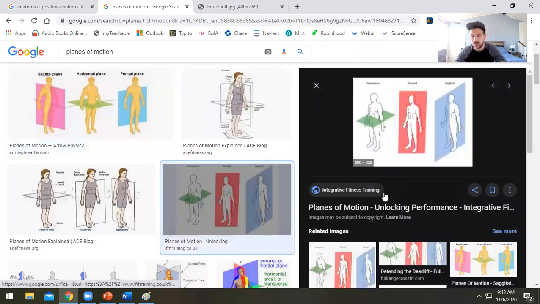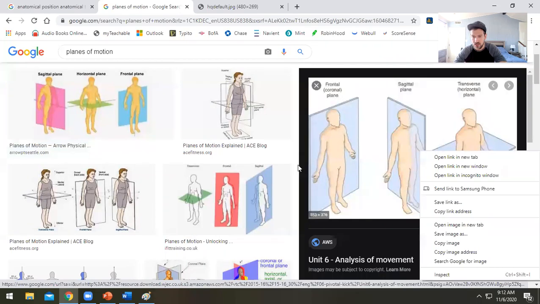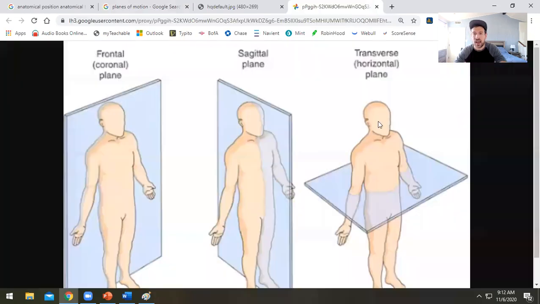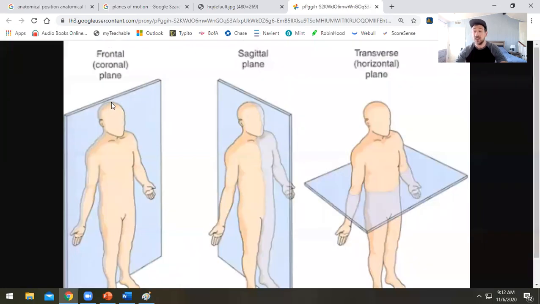So these are what we're talking about here, and there's the one from your textbook. These are your actual planes of motion. You can see this one right here, this guy's being divided into a front half and a back half. It's cutting him down the middle, like if I had an imaginary sheet of glass running through my body this way. That would be dividing me on the frontal plane, and so I can only move along that frontal plane.